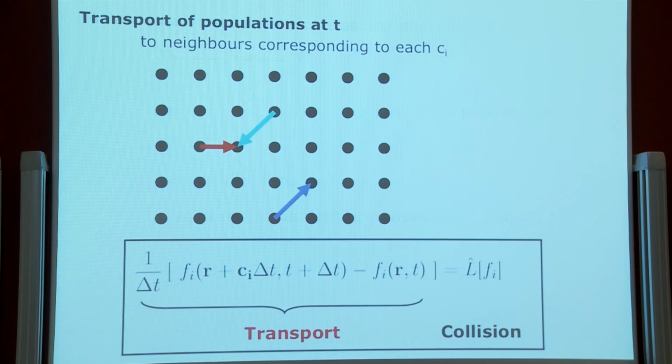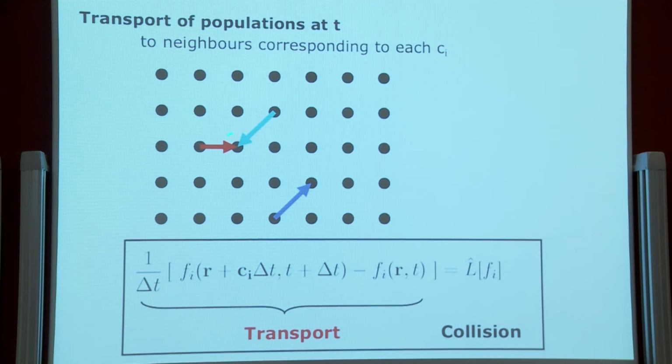In the first step, you have transport. So I'm just showing a few of these populations, but in fact, on each node, you have 9 or 19 populations. And you are simply going to transfer this number to the neighboring one that corresponds to a given velocity.